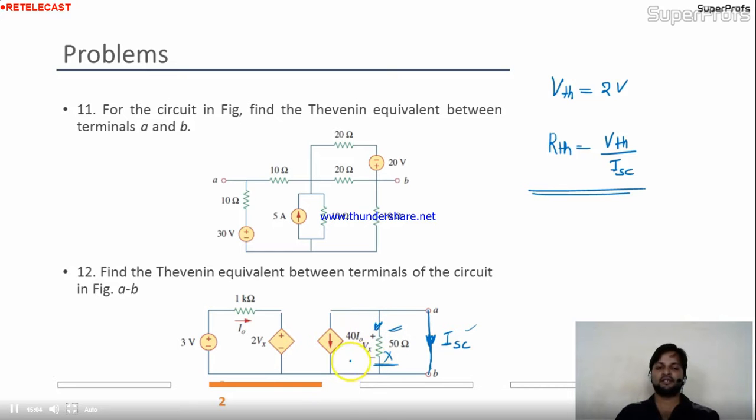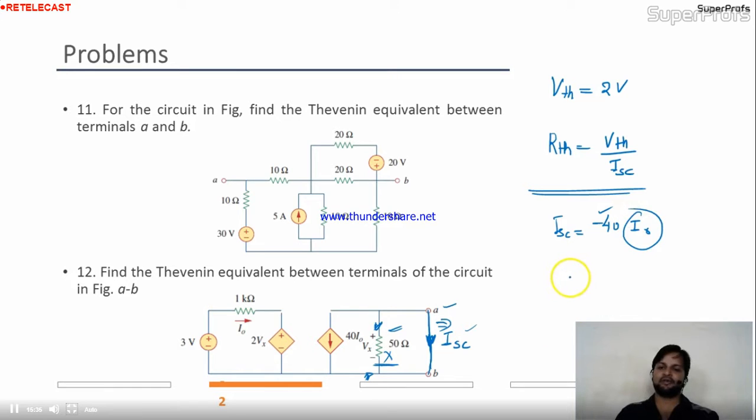Or in another way you can understand, the current coming over here will always follow the minimum resistance path. Here the resistance is 0, so the entire current will go to ISC in this short circuited branch. ISC is nothing but, you assume in this direction, but the current is coming from this direction, so this is nothing but 40 I naught. For the direction of current you can say it negative.